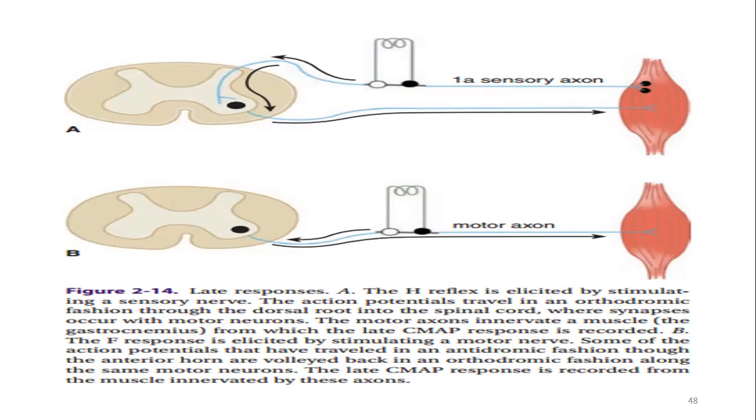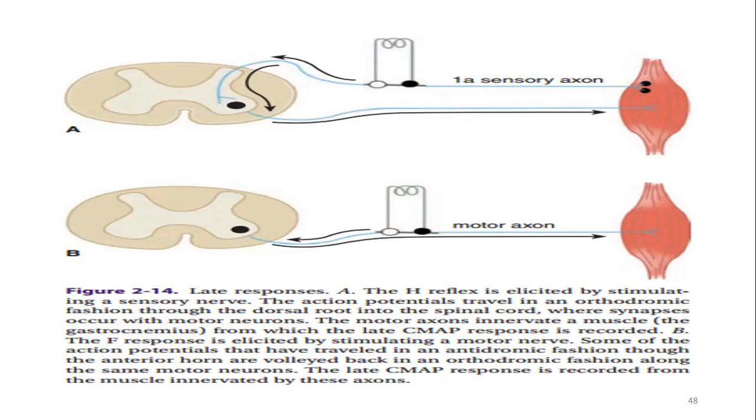The other important study for the assessment of the nerves proximal to the electrode is the F wave. The F wave response is elicited by stimulating a motor nerve, where some of the action potentials travel in antidromic fashion through the anterior horns.